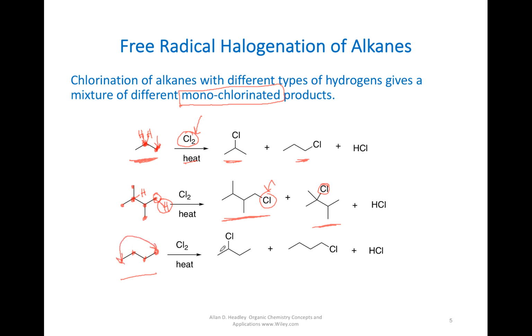So therefore we would expect 2 products, this product as one from substitution here, and this product as the other from substitution right here. So you should be able to predict the monochlorinated or halogenated products for the reaction of a halogen with an alkane.